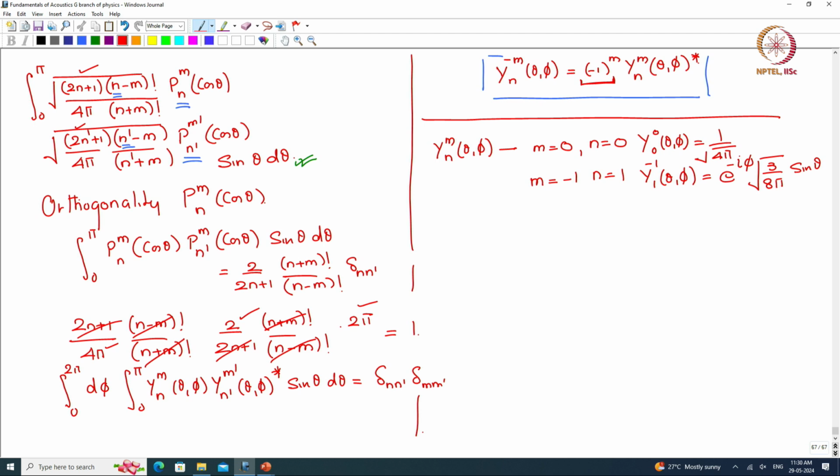Whereas if I have m equal to 1 and n equal to 1, I have Y 1 1 theta comma phi, that is minus e to the power of i phi square root of 3 over 8 pi sin theta.